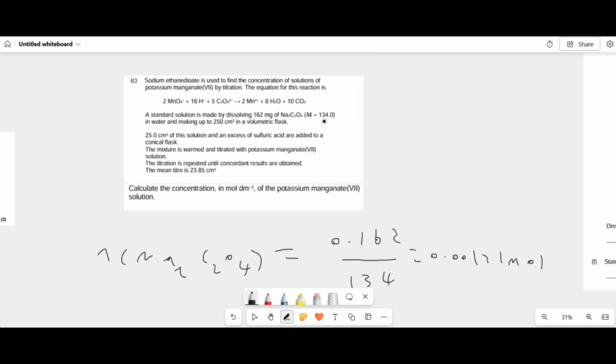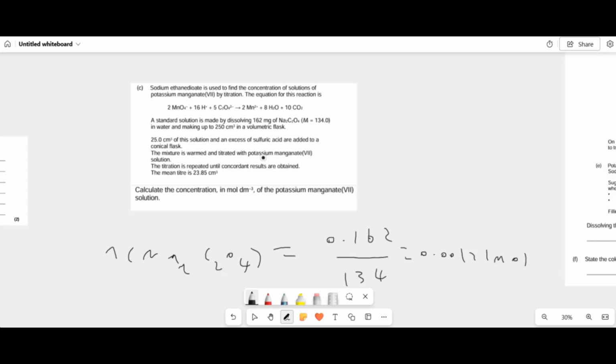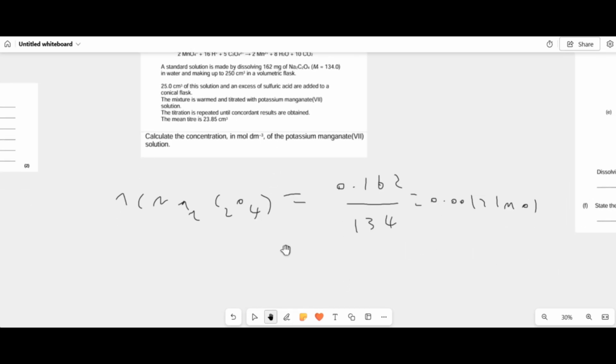Alright, so that's in that amount. But are we talking about that amount? No. He's taking 25 centimetre cubed of that and then reacting it with some acid, not acid exactly, but you get the point, to titrate it with the manganate. So take this same thing and find how many moles are in that 25.